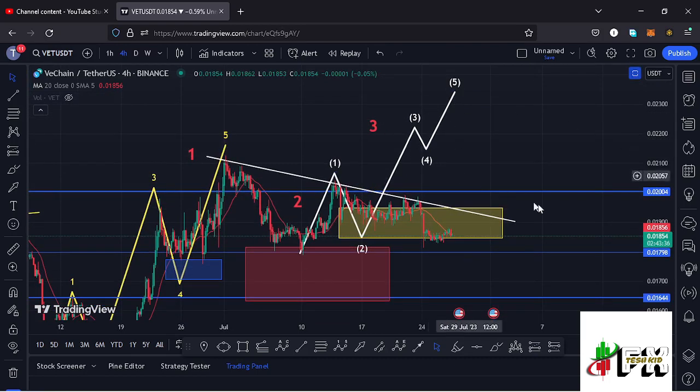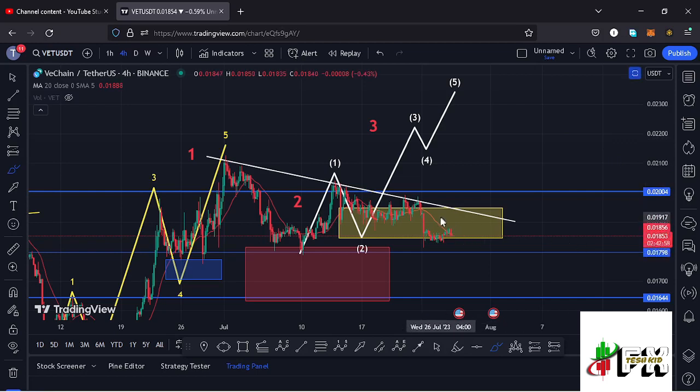And for that move to play out, we first need to see Vechain see a reaction of the target area and see a break above this descending trend line that I have here on the charts using this white line, maybe see a 4-hour close or maybe a successful retest of that trend line, before we can continue gearing up and see a break above the $0.02 mark, which is resistance, then continue gearing up in the formation of that wave 3 to the upper side. That is the first possible scenario that you need to have in mind here on the Vechain chart.